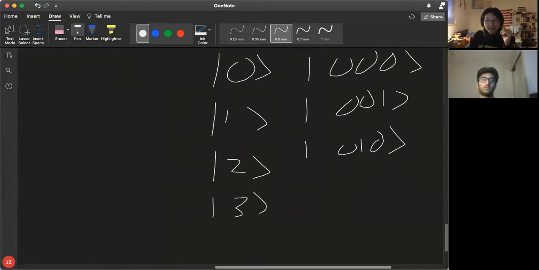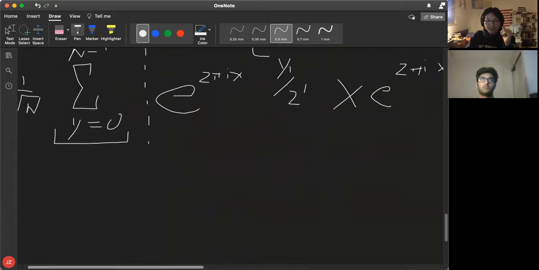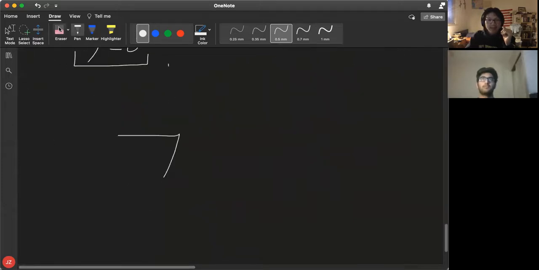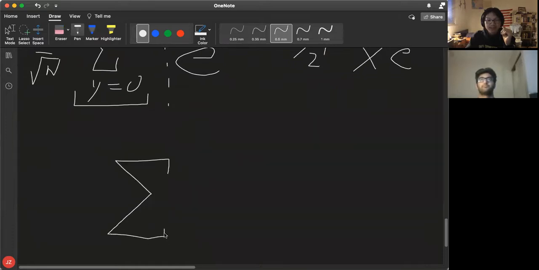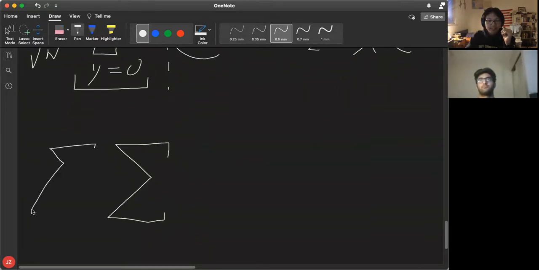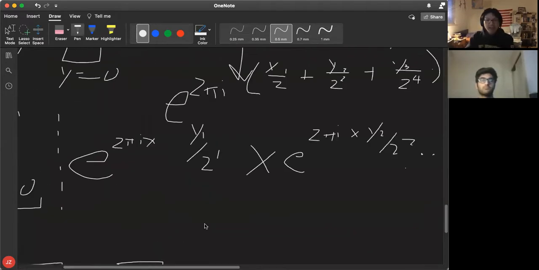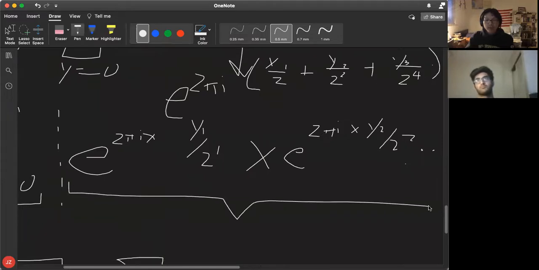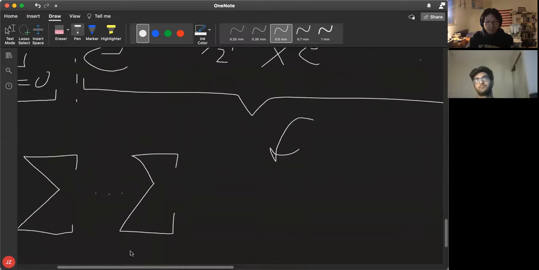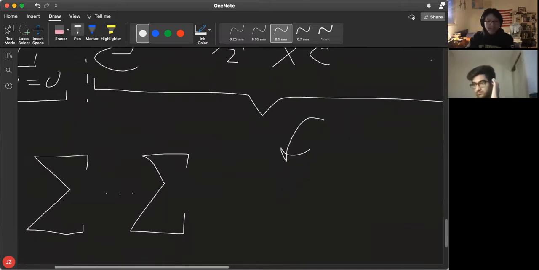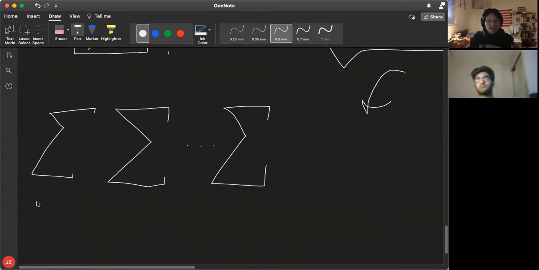And as a result, we can do this with our summation. This is what I've been trying to get at. Then we just have a bunch of sigmas sitting out here, and we still have all of these multiplicative factors. But now what I'm doing with these sigmas is saying, look, y sub 1 can be equal to 0, or it can be equal to 1.